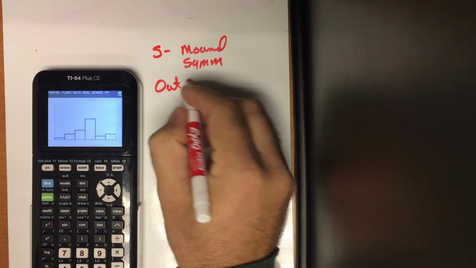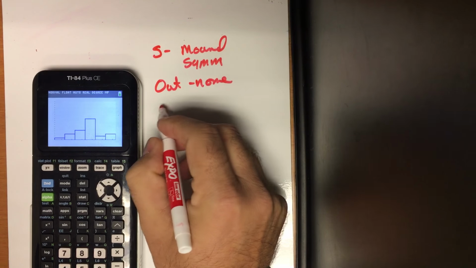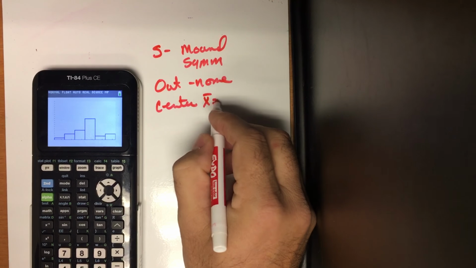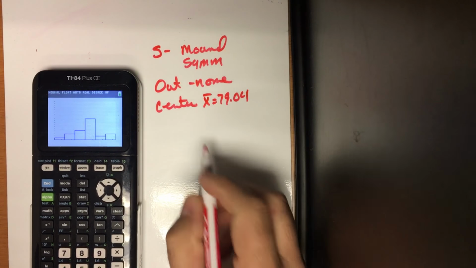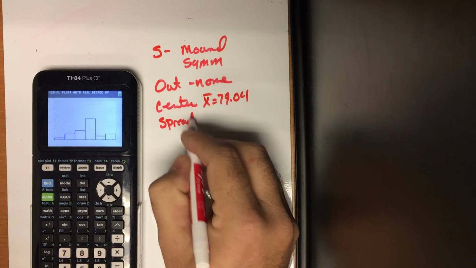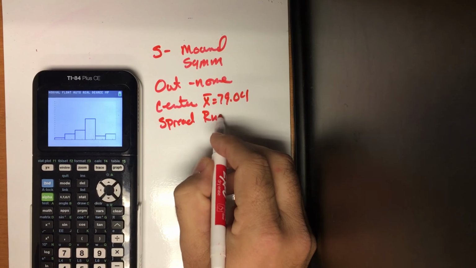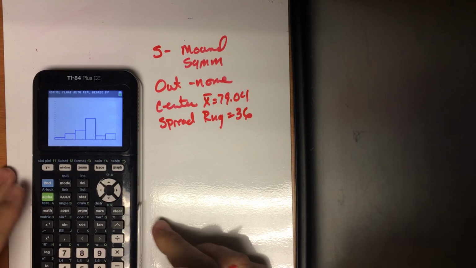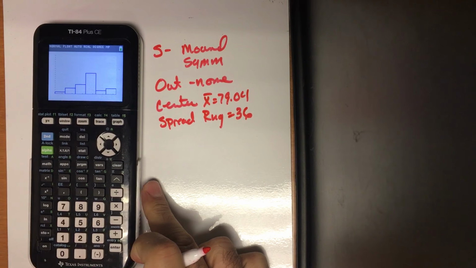Outliers, there's none. Center, we can report the mean, 79.04, and the spread, that's the range, is equal to 36. All right, so there's the second part of the answer.